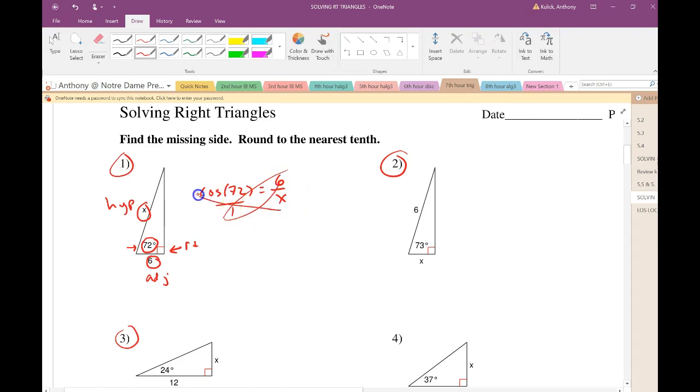If I cross multiply, I get x times cosine 72 is equal to 6. If I divide both sides by cosine 72 and type that into my calculator, I get about 19.4.